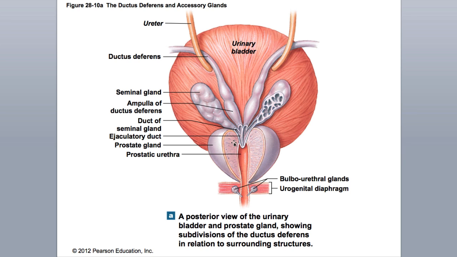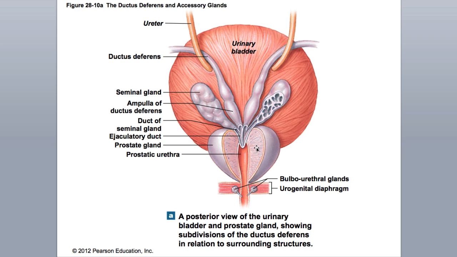So the seminal gland will release its secretions along with the sperm. The sperm will come down the vas deferens. The seminal fluid will come out and go through the ejaculatory duct right into the prostatic urethra.